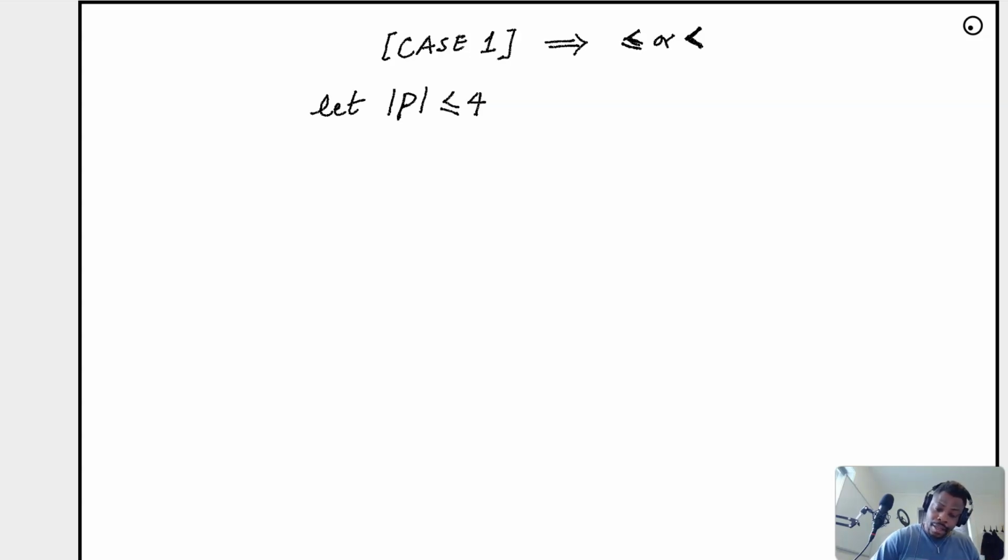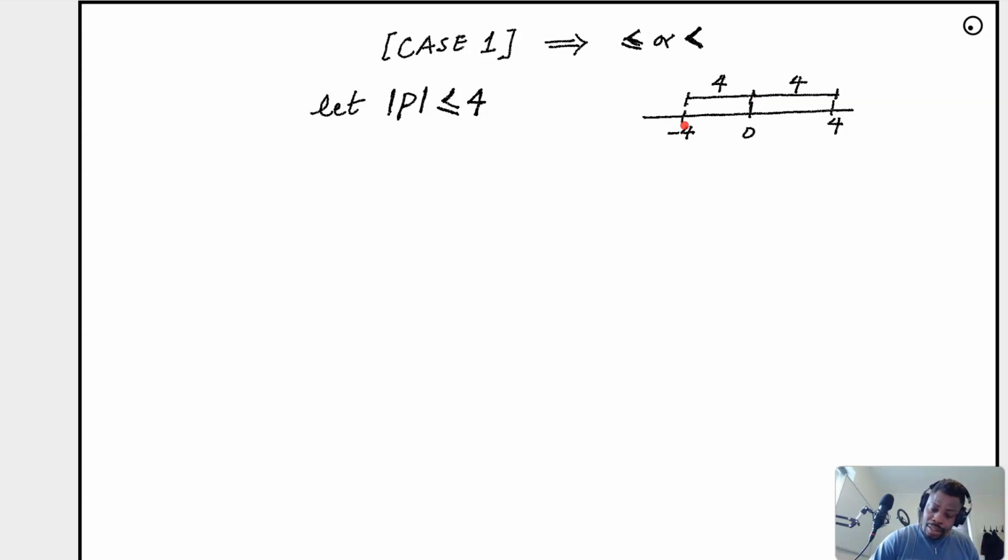Now in this case, remember that the modulus of p is less or equal to 4. What this 4 is telling you is that the distance from the origin is 4. So if I check from here to here, the numerical value distance is 4. From here to here, numerically the distance is 4.